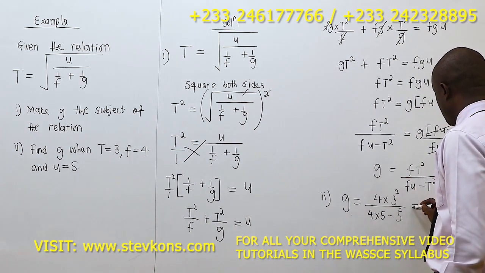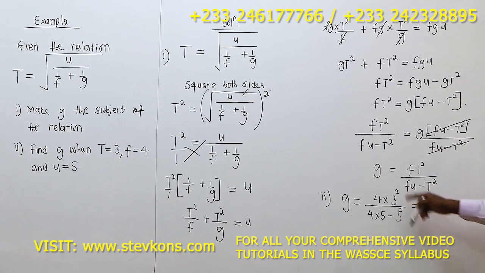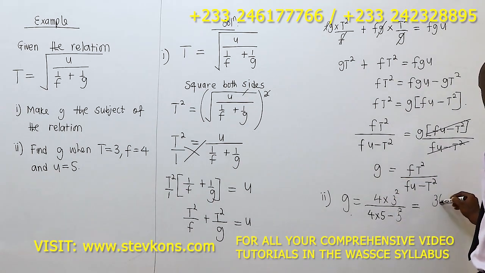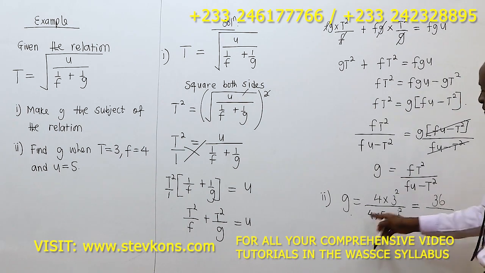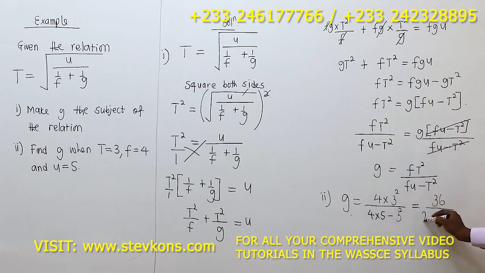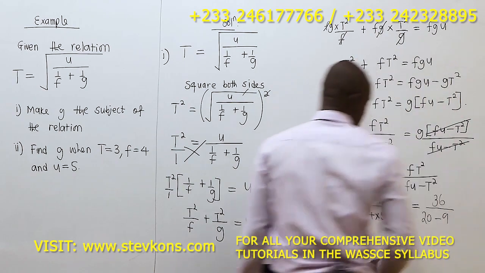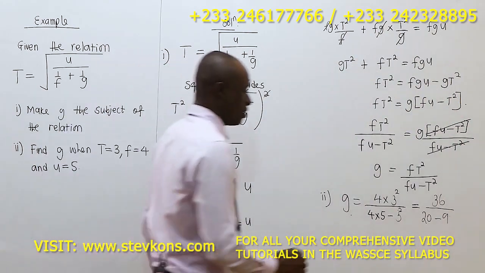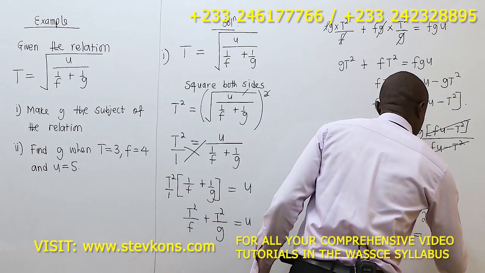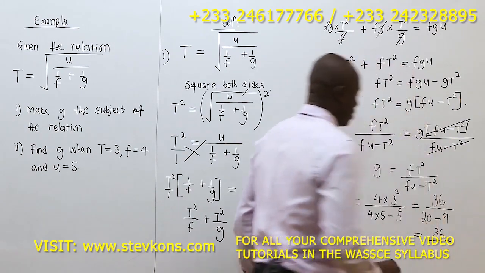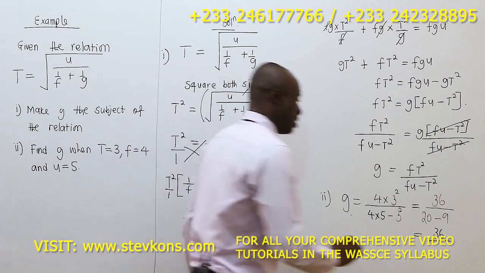This is equal to, now 3 squared is 9. 9 times 4, and we have 36 over 4 times 5. That's 20. 3 squared, that's 9. So from here, we have 36 over, now 20 minus 9.